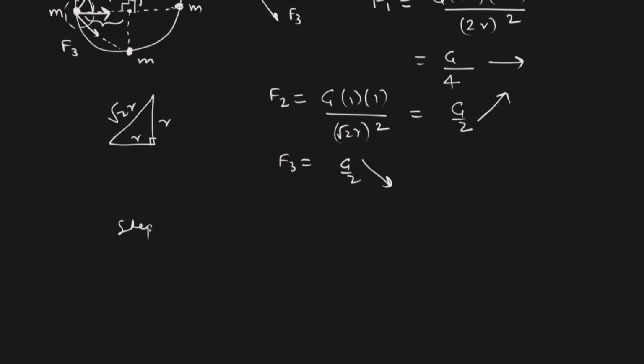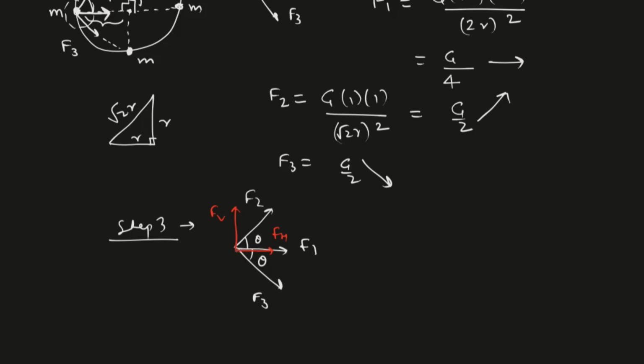Now the third step is to look at the vector direction of the forces. This is F2, this is F3, and this is F1. Now the forces are in different directions, so we cannot simply add them. We have to add them vectorially. Now since this angle is theta, let's break down F2 into vertical and horizontal components. So this is the vertical component, and this is the horizontal component.